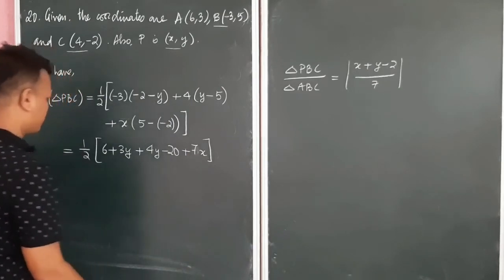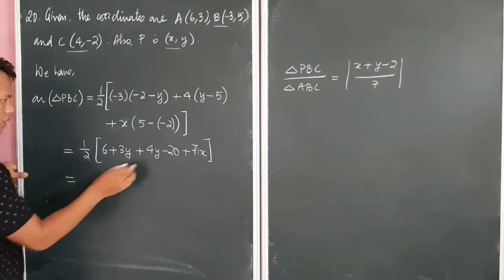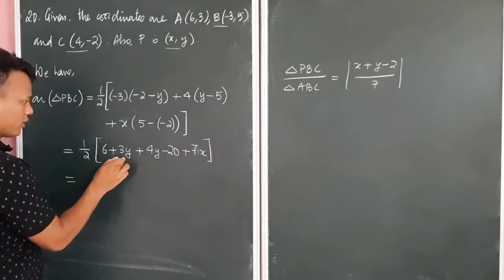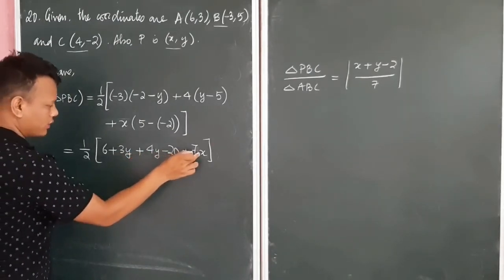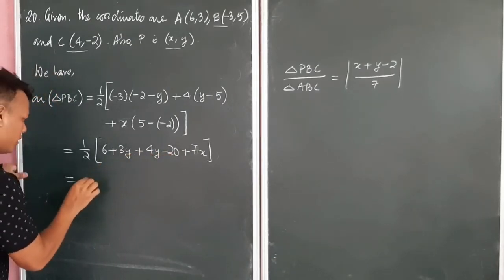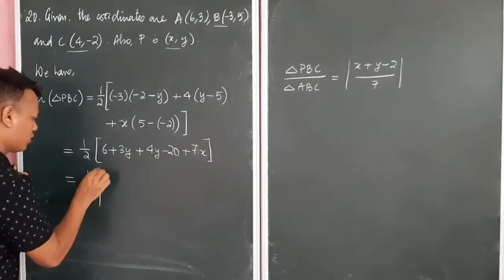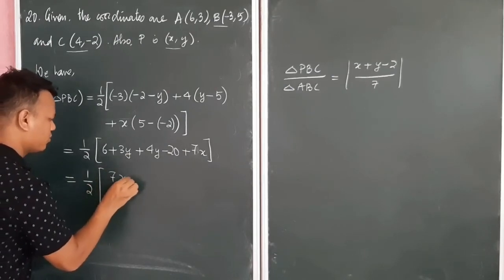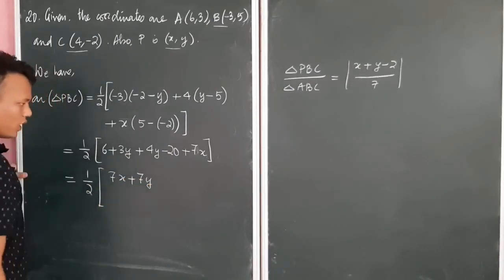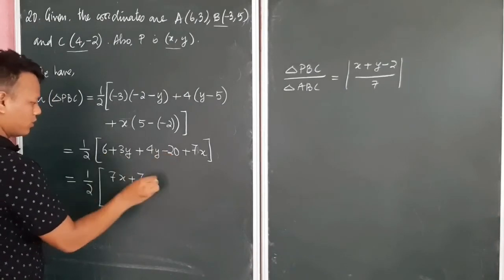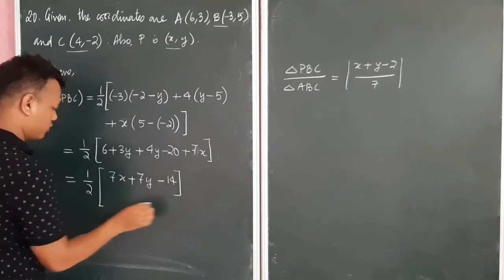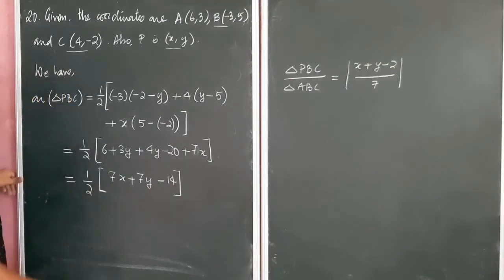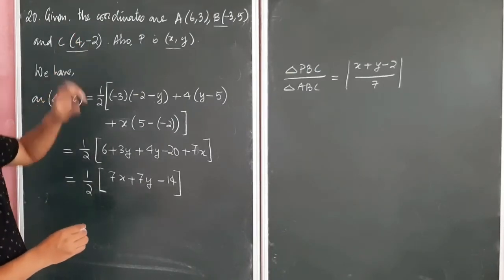So you have 7x plus 3y. Again you can join these too. 3y plus 4y is 7y. So 7x plus 7y, so we have half into 7x plus 7y, and this becomes minus 14. This will be my area of triangle PBC. Now similarly, let us find the area of triangle ABC here.